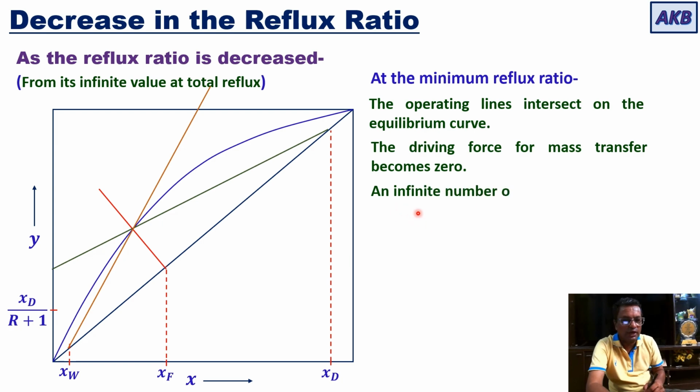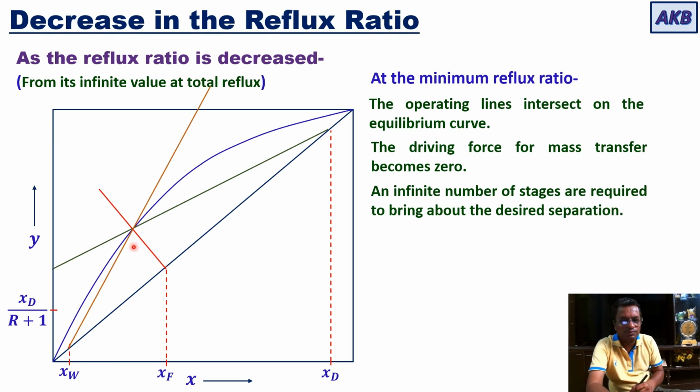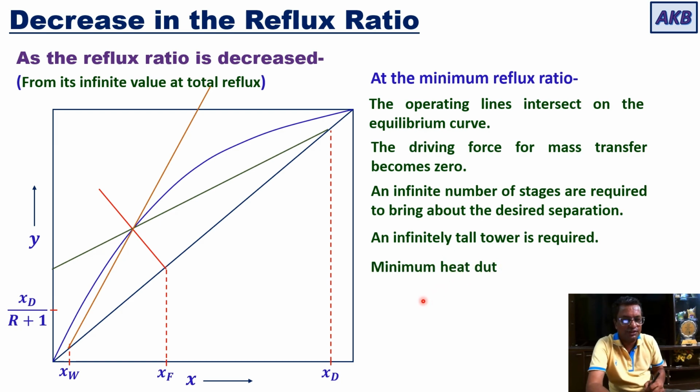And therefore, an infinite number of stages are required to bring about the desired separation. So in this case where the driving force for mass transfer is zero, you will need an infinite number of stages, and an infinitely tall tower will be required to accommodate this infinite number of stages. Then, as far as the condenser is concerned, minimum quantity of vapors will be going to it, and they will be condensed in the condenser.